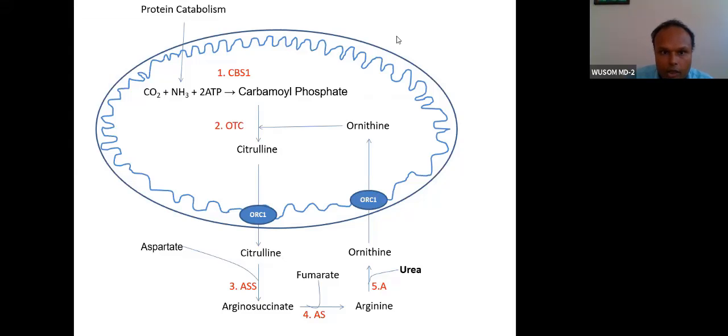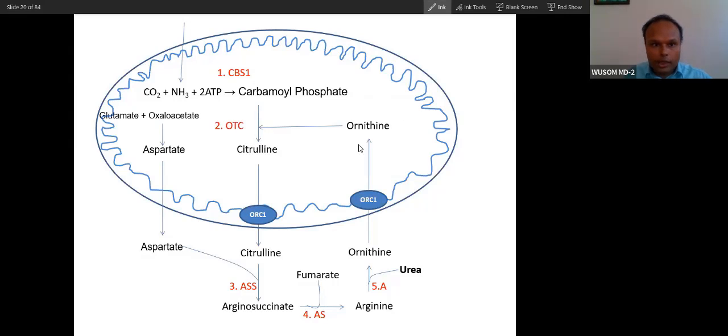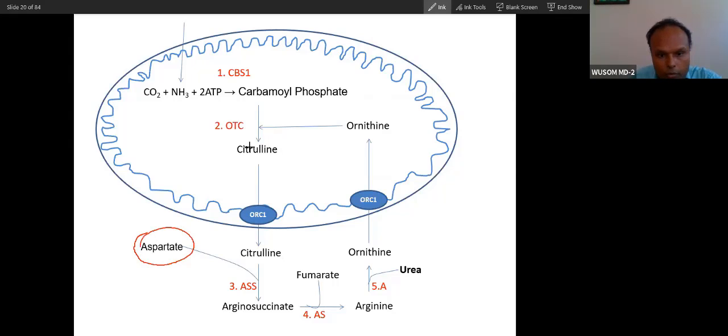So you can see protein catabolism will result in this. Now I will tell you one more thing. Where do we get this aspartate from? The amino group of aspartate also comes from glutamate itself through transamination.